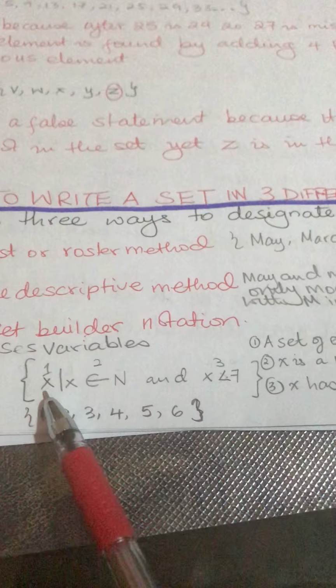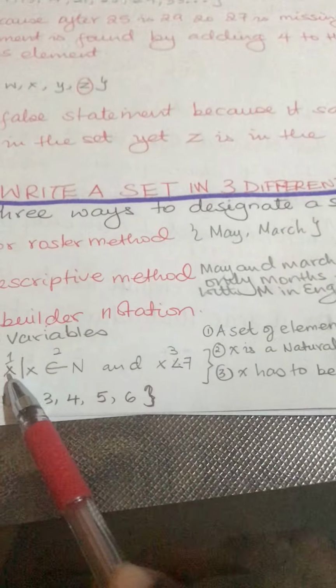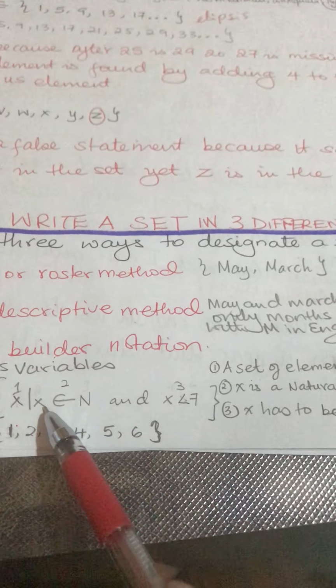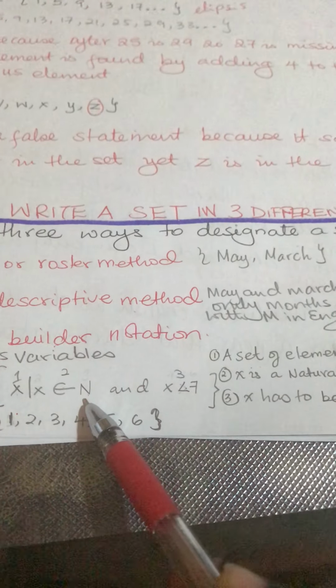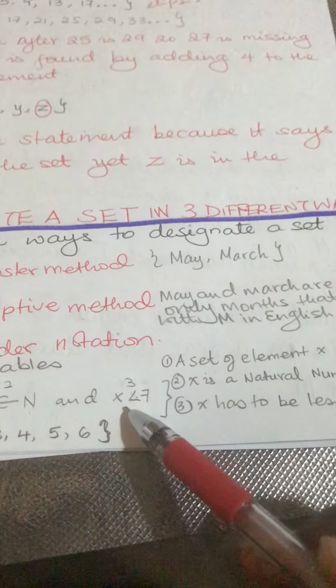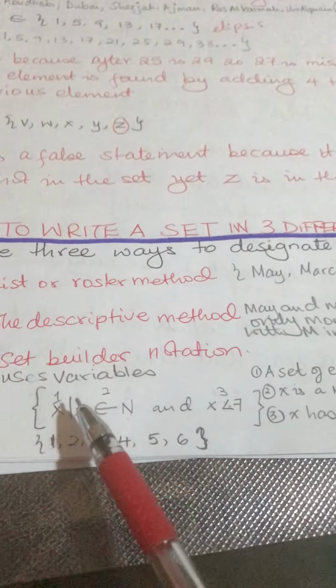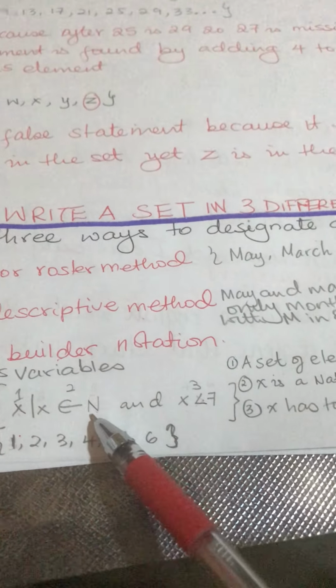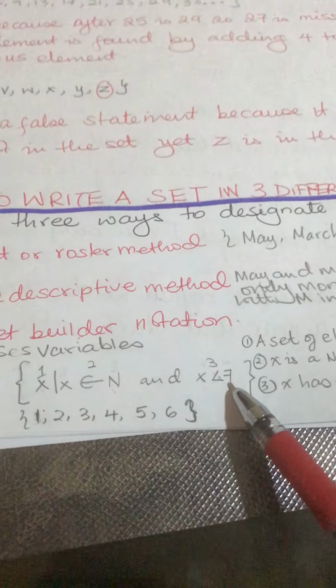So how do I read this? A set of element X, where X is a natural number and X must be less than 7. Okay? So I want the elements of natural numbers that are less than 7.